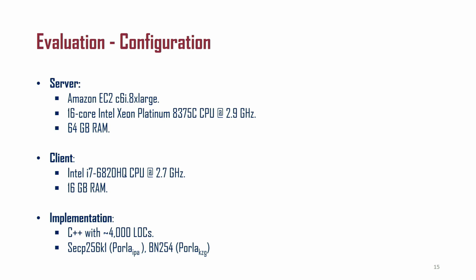To evaluate our scheme, we use an Amazon EC2 instance with 16-core Intel Xeon and 64GB RAM. Our client is a laptop with an i7 and 16GB RAM. Our implementation is in C++. We use the SECP256K1 library for our scheme with inner product argument and BN254 for our scheme with KZG.